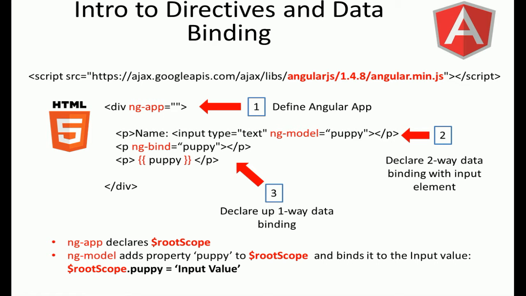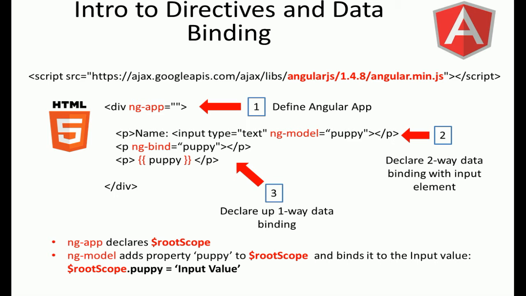The next directive we encounter is ng-model. As mentioned already, ng-model declares two-way data binding with HTML control elements. HTML controls include the HTML elements input, select, and text area.